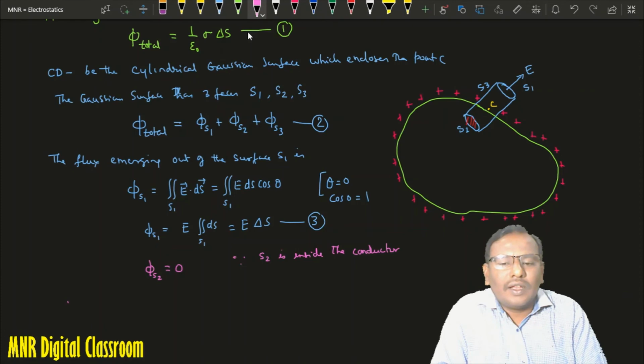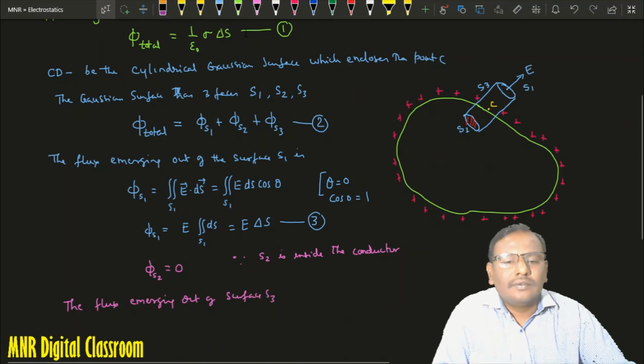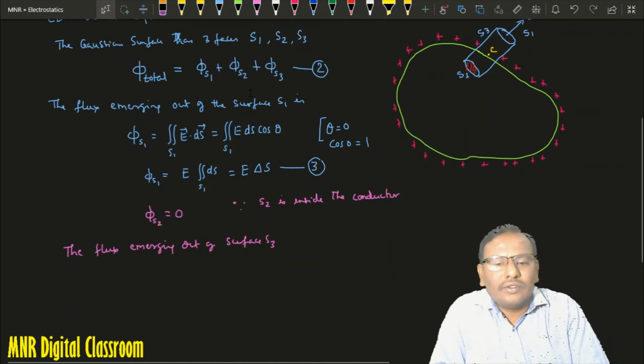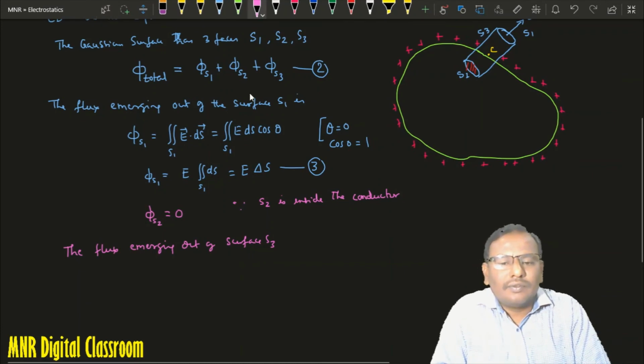Now, the flux emerging out of surface S3. Let us find this out. phi of S3 is equal to the surface integral over S3 of E bar dot ds bar.